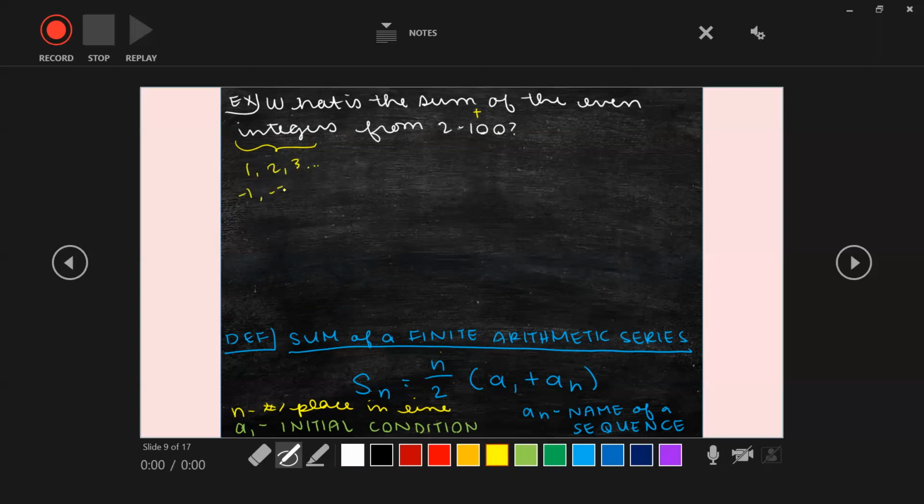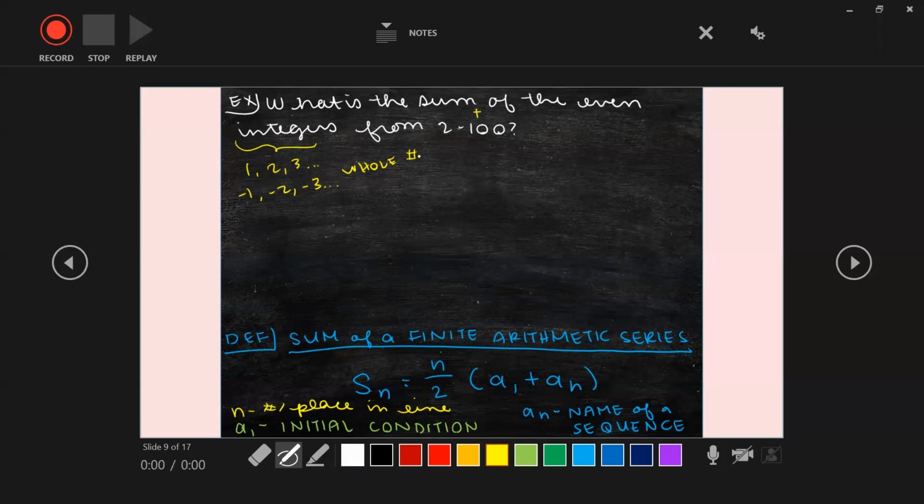Aren't -1, -2, -3 also examples? So they're whole numbers that can be positive or negative. So we're looking for the sum of even integers, or whole numbers, from 2 to 100. These instructions are telling you that this is a series and we're trying to find the sum of a series.